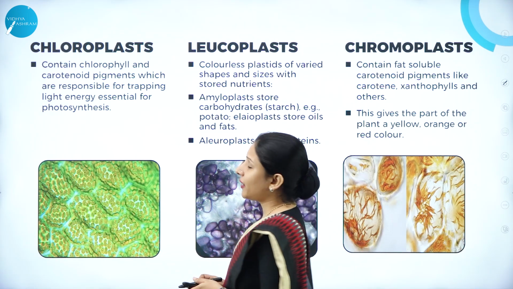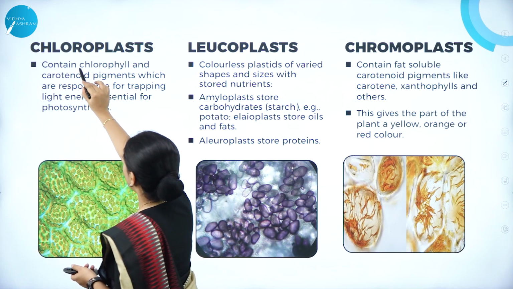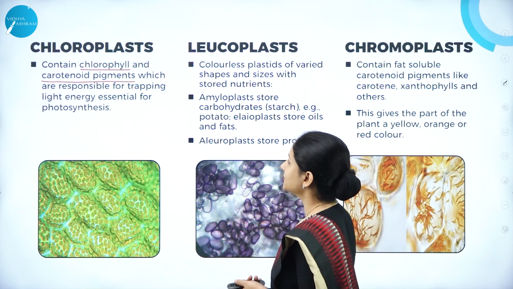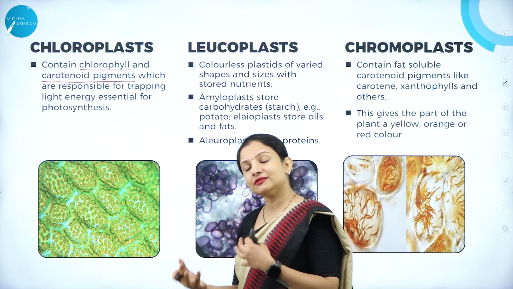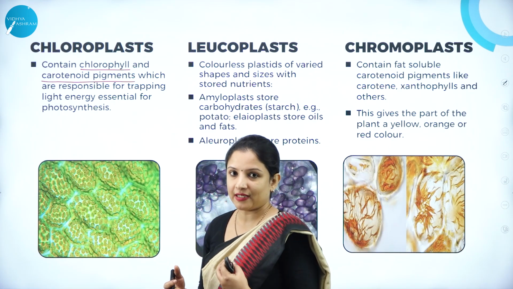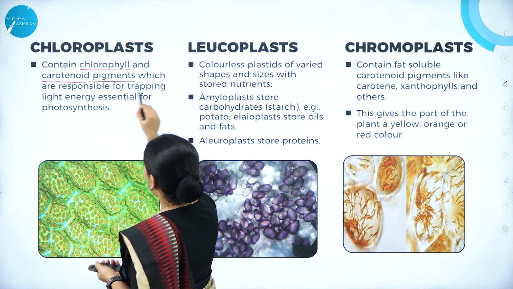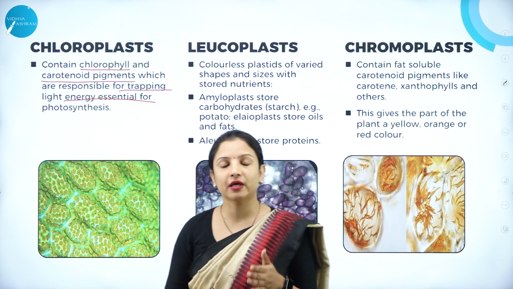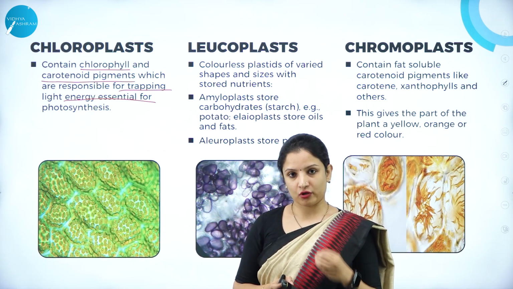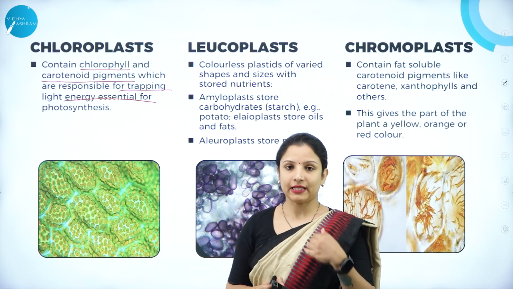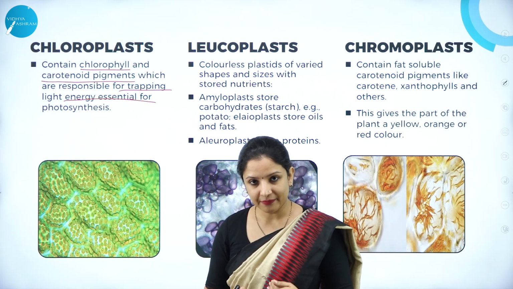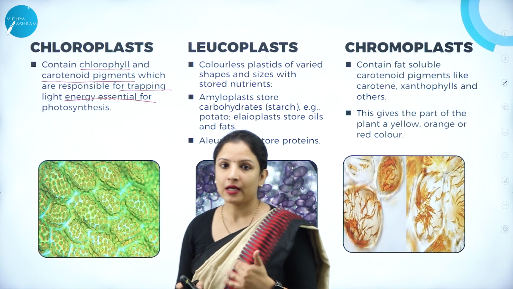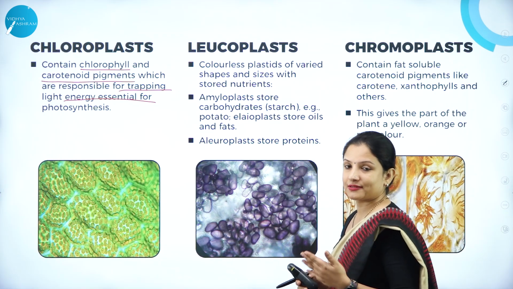Apart from chlorophyll, they also have an orange pigment, the carotenoid pigments. The chloroplast is responsible for trapping the light energy, which is essential for photosynthesis, wherein the chloroplast traps light and converts the carbon dioxide and water to glucose and energy. That is how photosynthesis occurs.